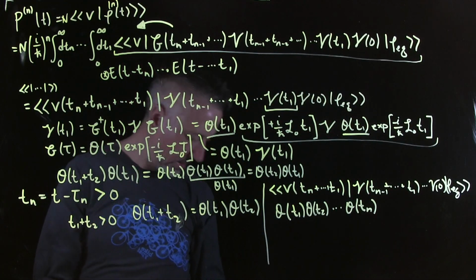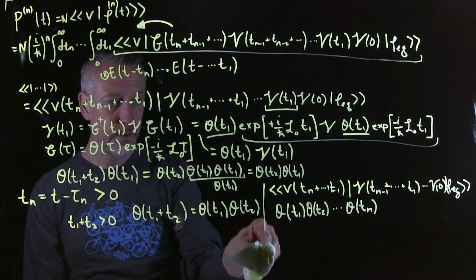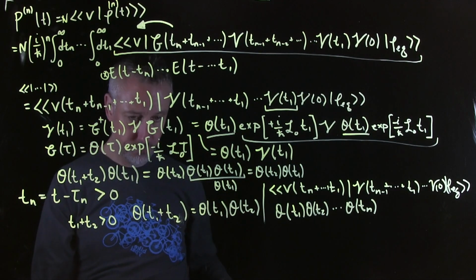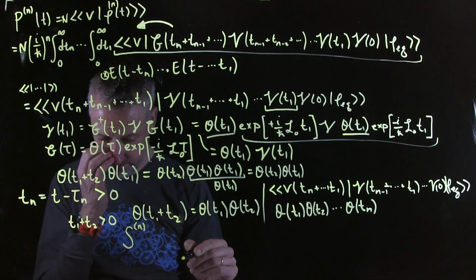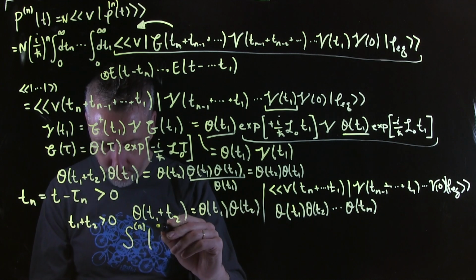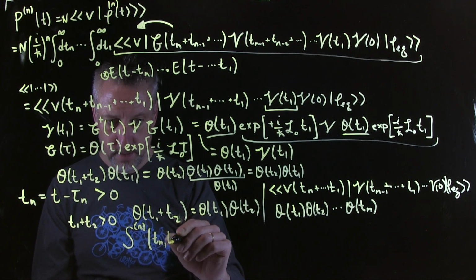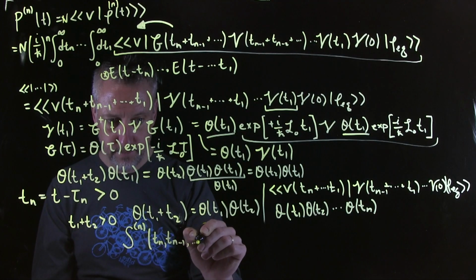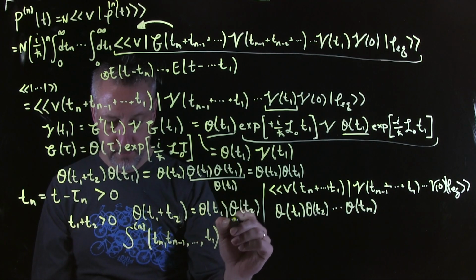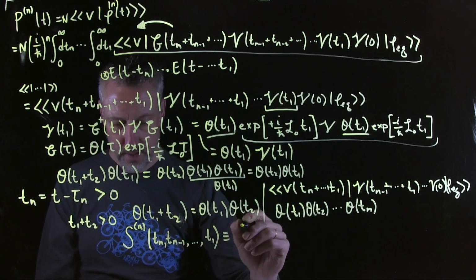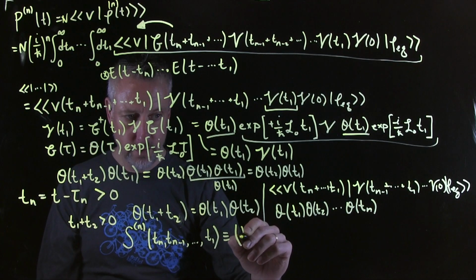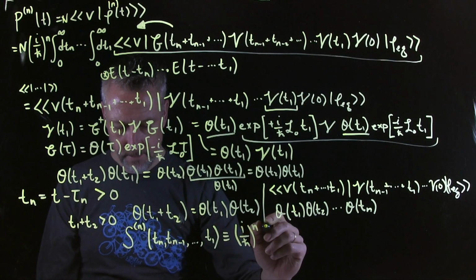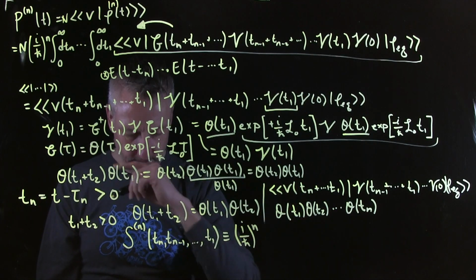And now we have the key definition. So the key definition is S n of Tn minus 1, T1, we call that equals, and we're going to collect a couple of the terms that are outside. So it's equal to 1 over I over h bar to the n times this expectation value.